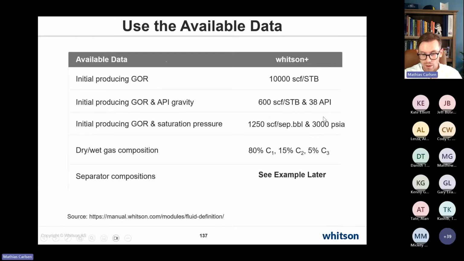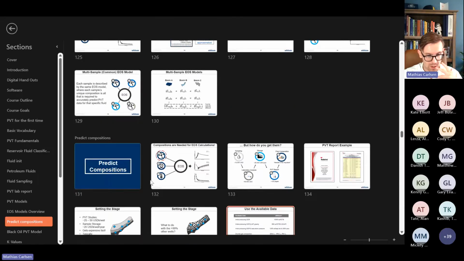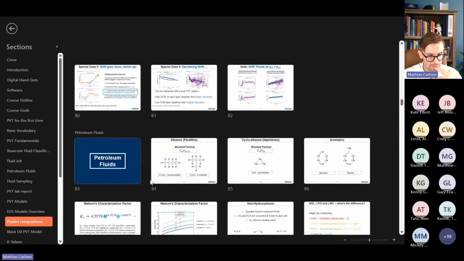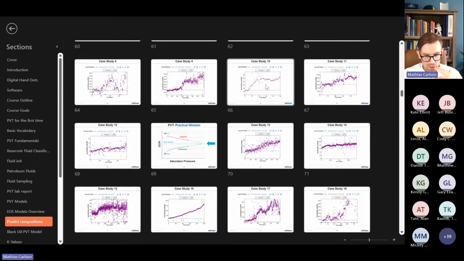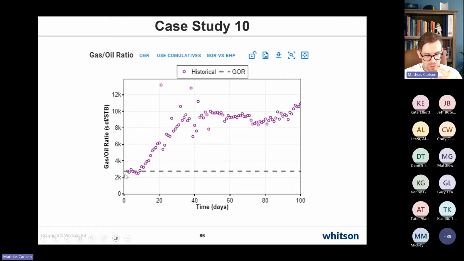So why would I know or think I know the saturation pressure of the fluid? Well, if you have a GUR profile like we looked at earlier, I think Adam talked about a really good example of that, which was the one in, was it 64, I believe, or was it 66? This guy. So at a constant GUR, then it rises.